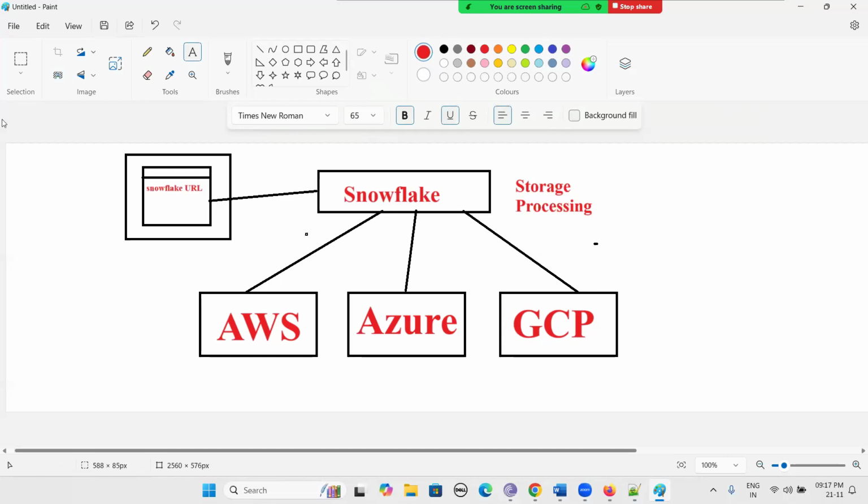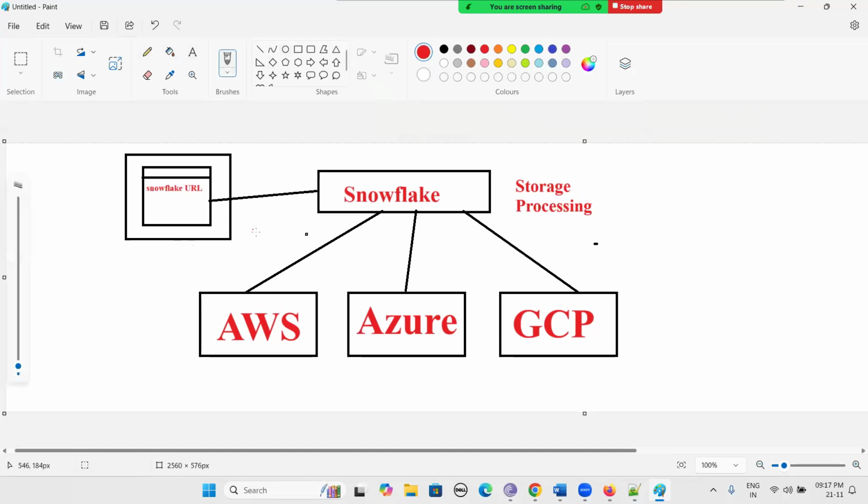Let's say here we write a query from the Snowflake web user interface, a select query to retrieve data. The data is present in S3. Then to process that query, it uses EC2, which internally connects with S3.